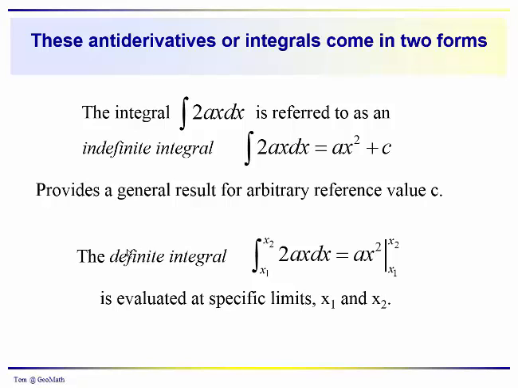And that's what makes this a definite integral, because we have specific numbers. And we actually come up with a specific result here associated with the integral over a specified range x1 to x2.